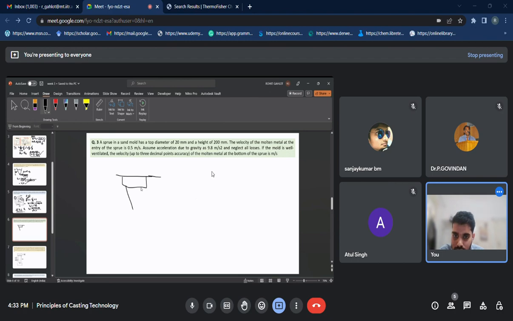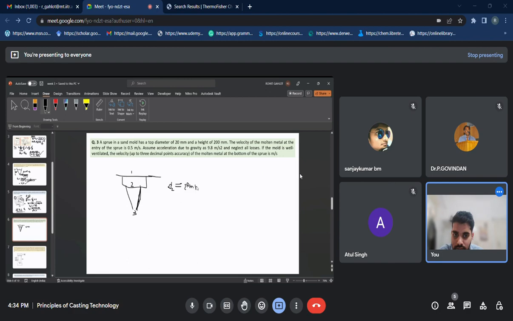Okay, so if we draw the diagram, I am writing the terminology as 1, 2, and 3. So it is given that a sprue in a sand mold has a top diameter of 20 mm.